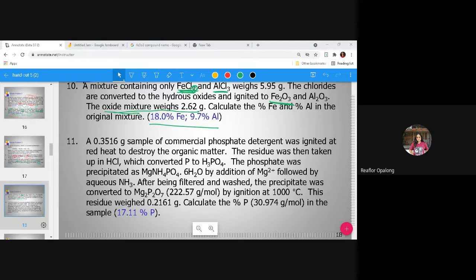After being filtered and washed, the precipitate was converted to Mg2P2O7 by ignition. This residue weighed 0.2161 g. Calculate the percent P (30.974 g/mol) in the sample. 17.15% P.